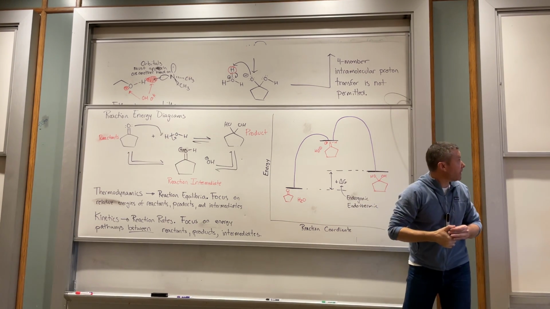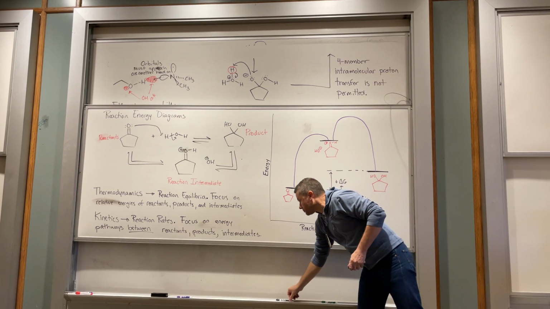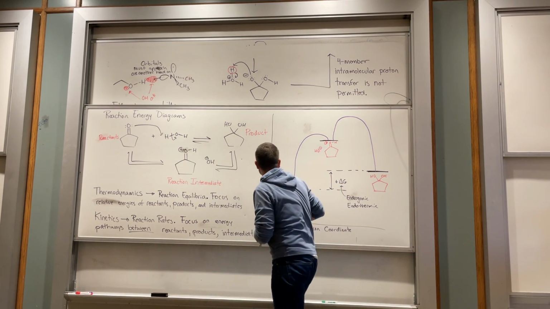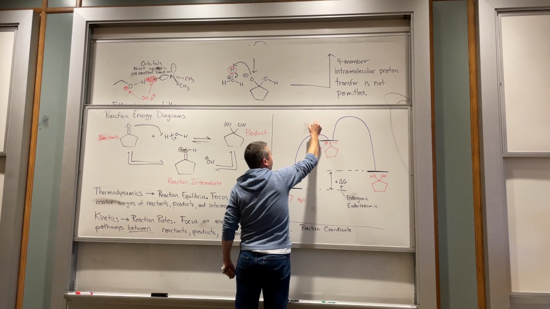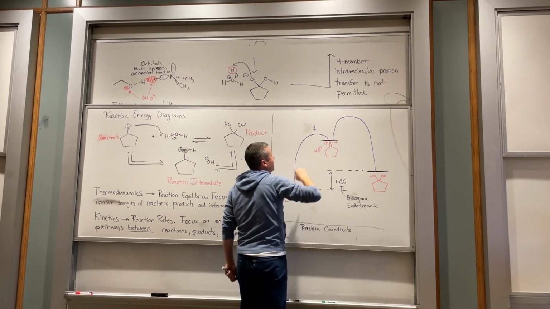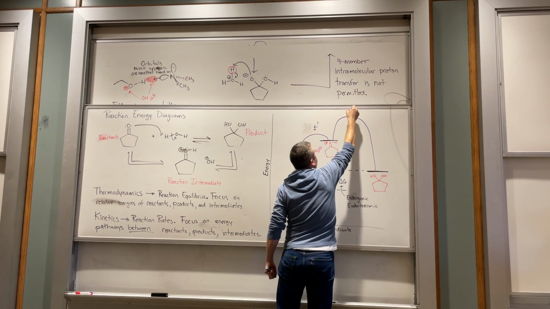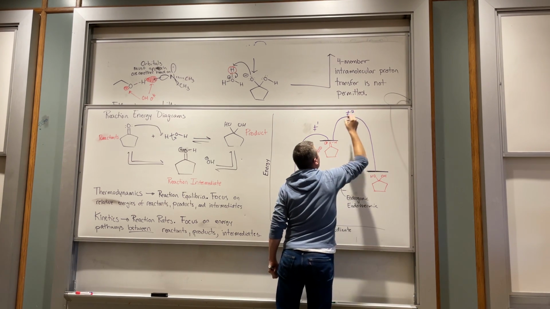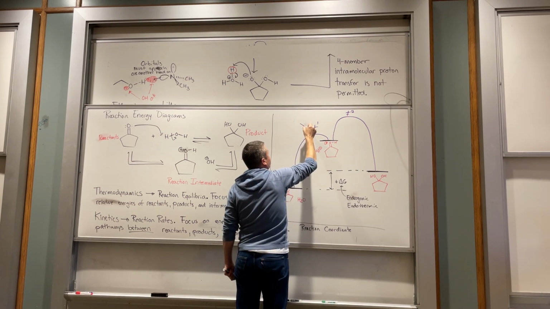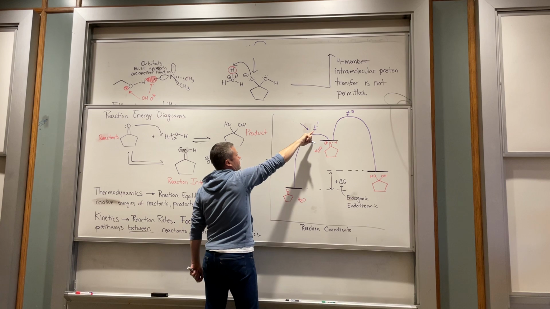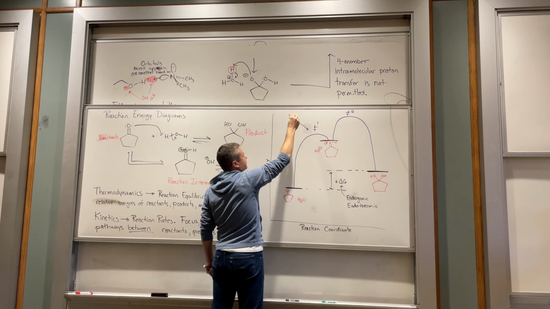We'll talk about why that is. The absolute height of each of these pathways we refer to as transition states, and we represent that transition state with these double daggers here.